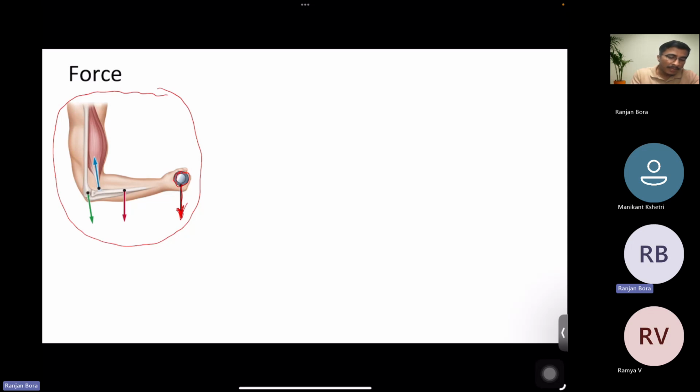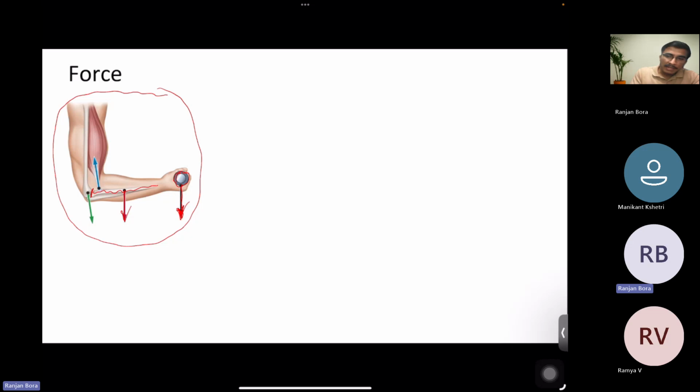Similarly, in his hand, there are bones and there are muscles. The bone in our forearm has some mass, and this is the mass of the bone, which is acting at this point. And there is a joint here, which is connecting the humerus bone and the radius and ulna bones.